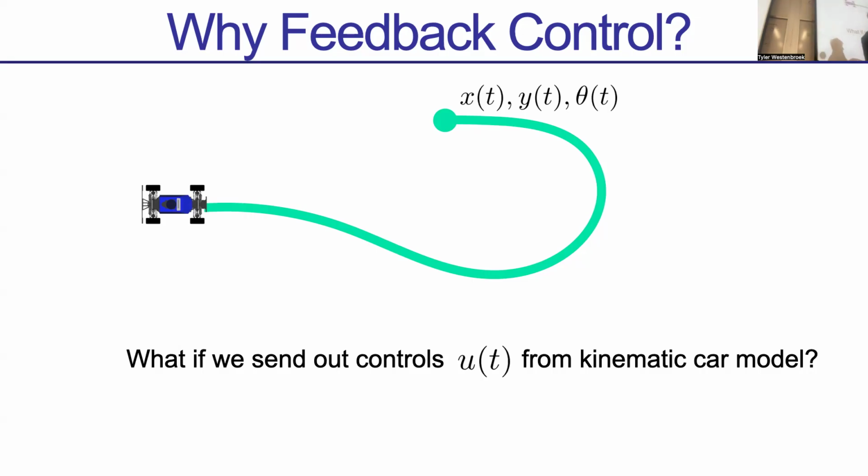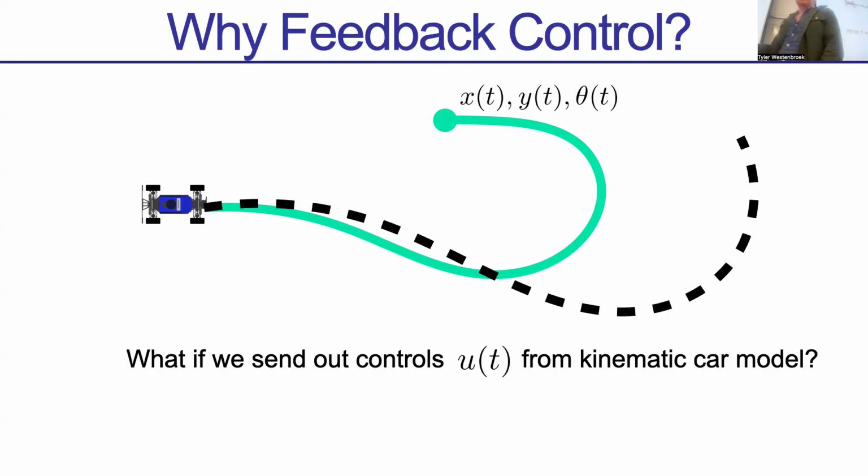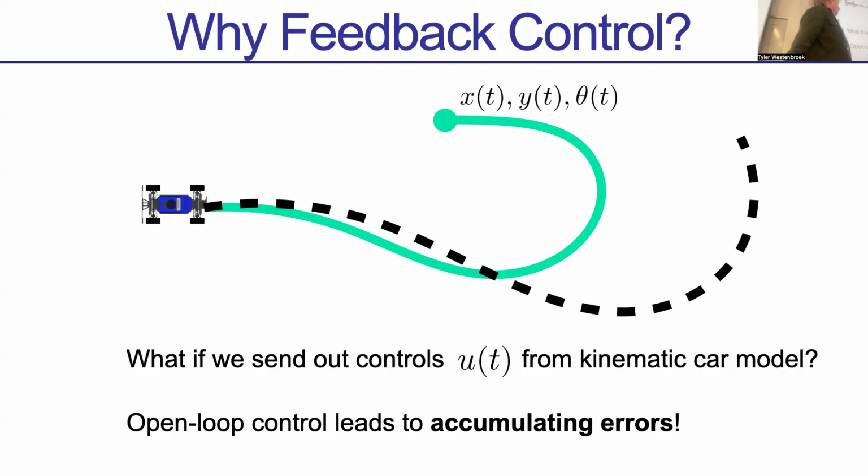So if I try to decide what these controls are, the motor commands I'm going to put into the system to follow this path, if I decide that just at time 0 when my car is here, and I follow that sequence of plans blindly, what's inevitably going to happen is I'm going to make mistakes. I'm going to drift away from the plan that I generated. And so what we want to do is correct for this. The keyword you want to take away from this is what's known as open loop planning, where you just make a plan, you close your eyes, and then you never pay attention to what's actually happening to your system.